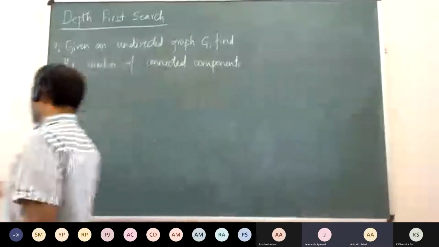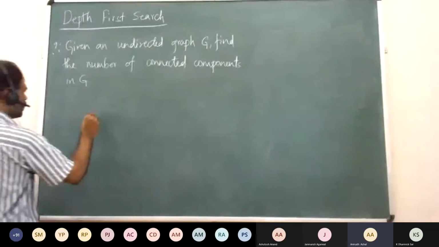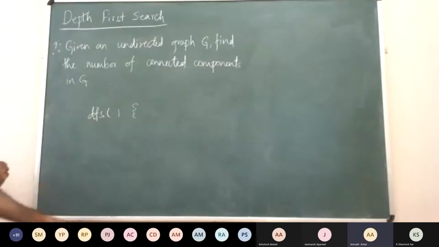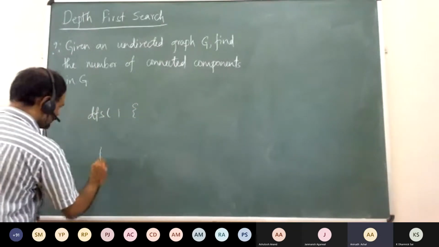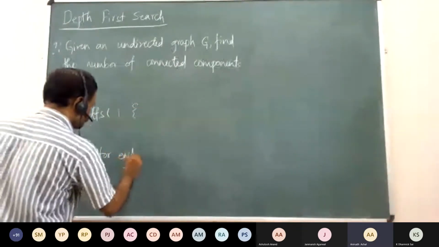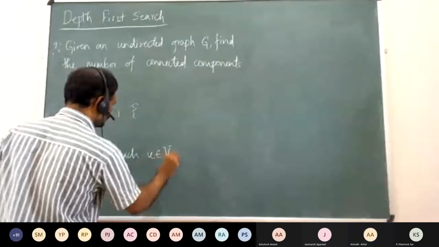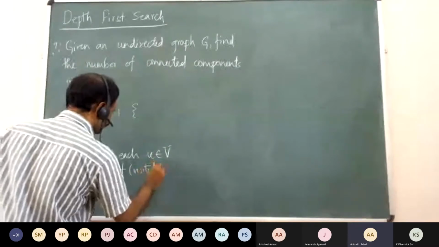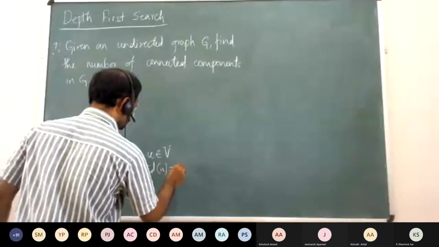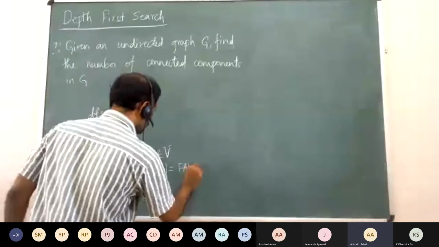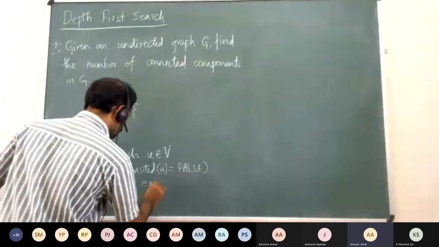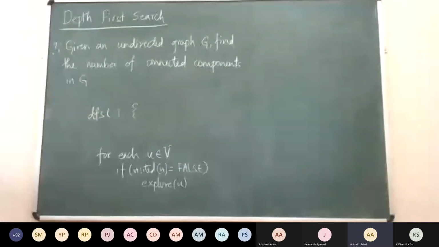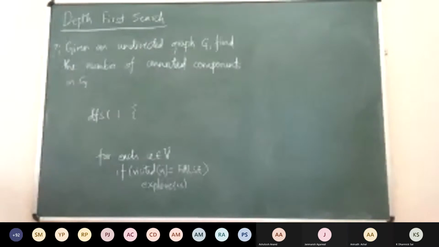In the main DFS module, we had the code where we were initializing, which said: for each u belonging to the vertex set, if visited of u is false, then we go to explore. This was what we had, right? So where do you make the change such that we know all the connected components?